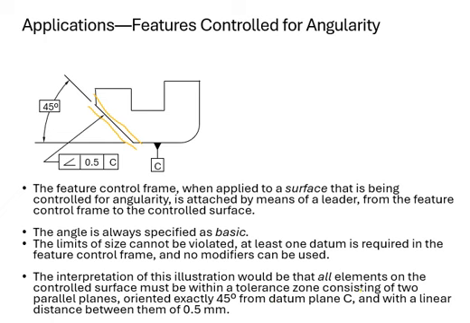Your tolerance zone consists of two parallel planes, which is 0.5 millimeter, meaning the angle can vary in between them, so your size is going to come out a little bit or go in a little bit. That's what it is saying.